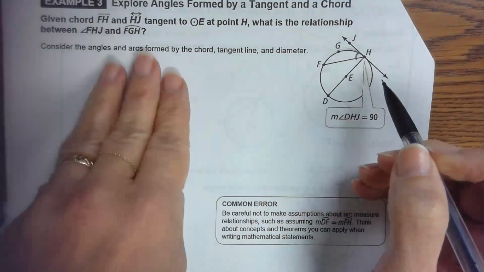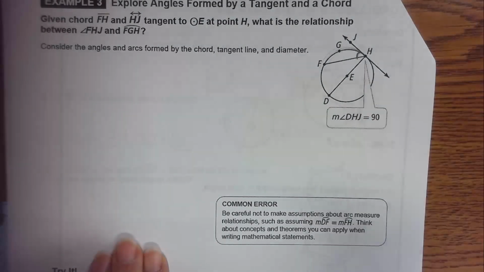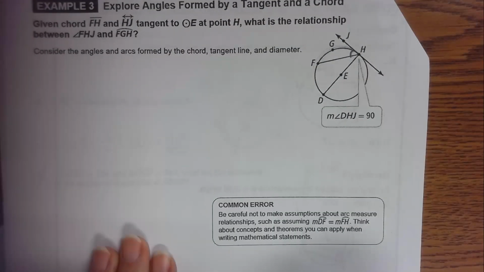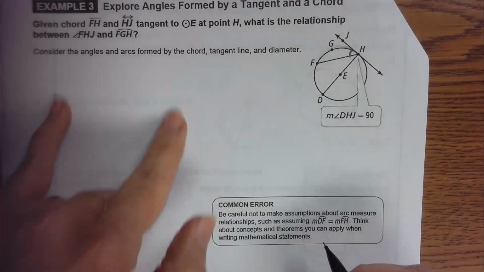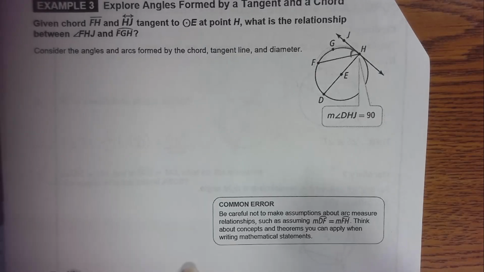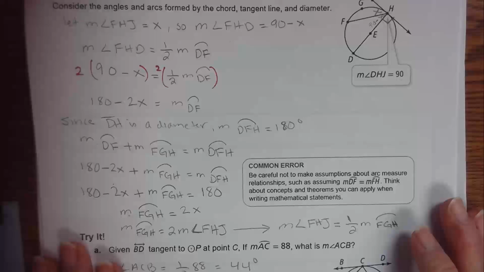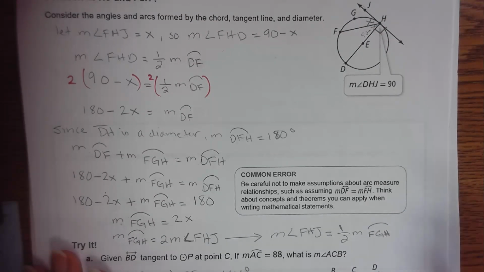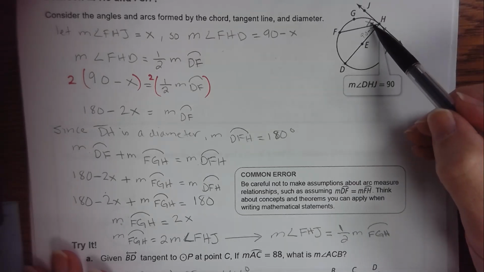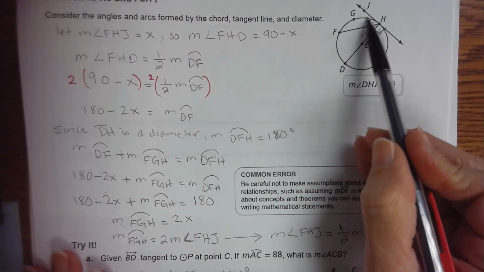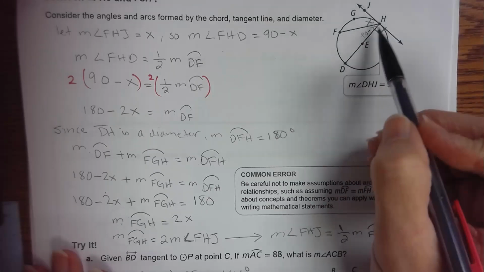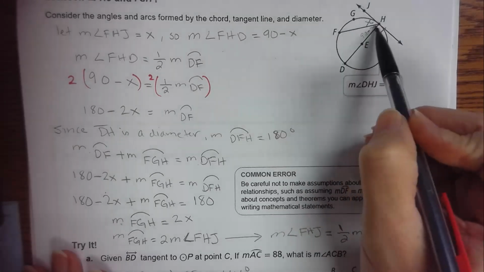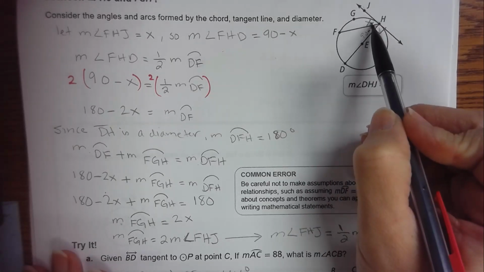Okay, so this is a derivation of the rule that I'm going to give you. If you want to see that work out, I have it in my posted notes. I can go over it quickly here, but the good news is that it's the same. The measurement of this angle is half that arc that is made by the chord of that angle.